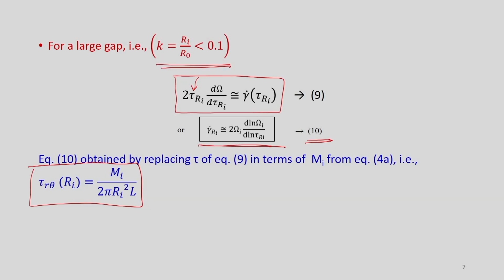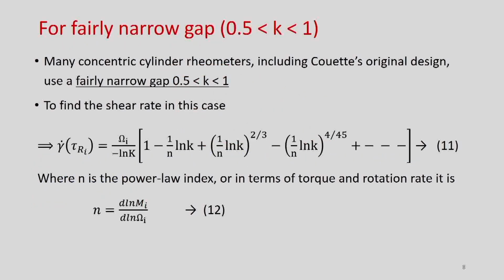But in general, neither large gap nor very small gaps are used, but fairly narrow gap concentric cylindrical geometries are generally used. So, in such a case what we have? We have an expression for shear rate given by this equation: gamma dot as a function of tau r_i is equal to omega_i by minus ln k multiplied by 1 minus (ln k by n) plus (ln k by n) whole power 2 by 3 minus (ln k by n) whole power 4 by 45, like this Maclaurin series we have.